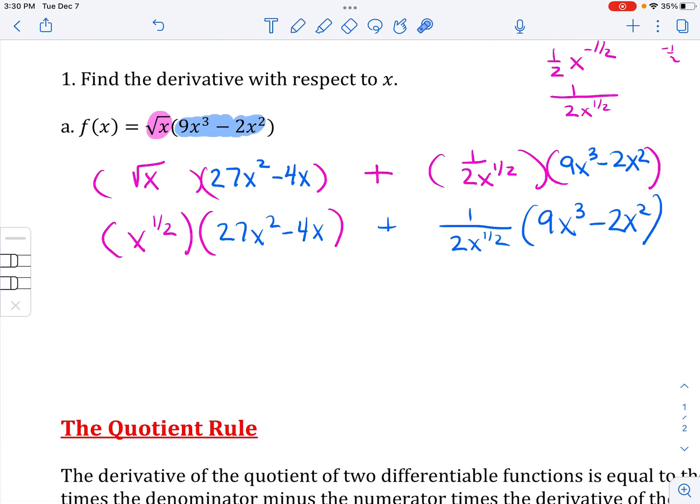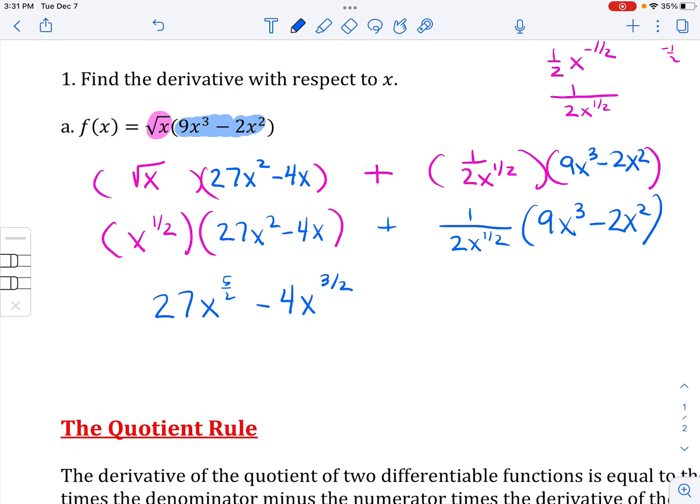So multiply this times this, 27 x to the, when you multiply same bases, the exponents get added. So 2 plus a half is the same thing as 3/2, minus 4x to the, oops, that should be 5/2, because 2 plus a half is 2.5. 2.5 is the same thing as 5/2. 1/2 plus 1 is 3/2.